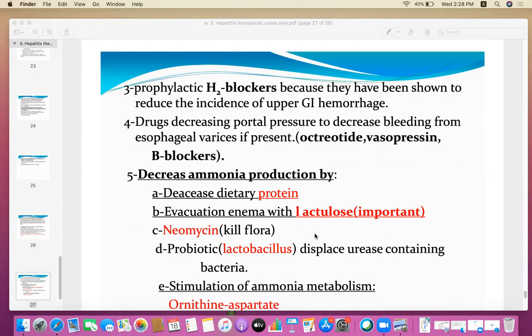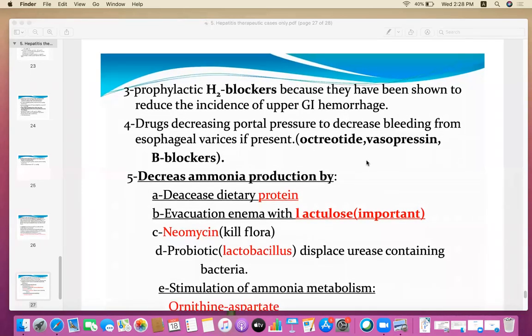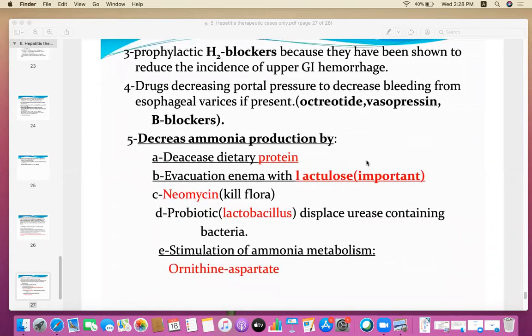We also have to give drugs to reduce the bleeding from esophageal varices. Drugs decreasing the portal pressure to decrease the bleeding from esophageal varices are octreotide, vasopressin, and beta blockers.